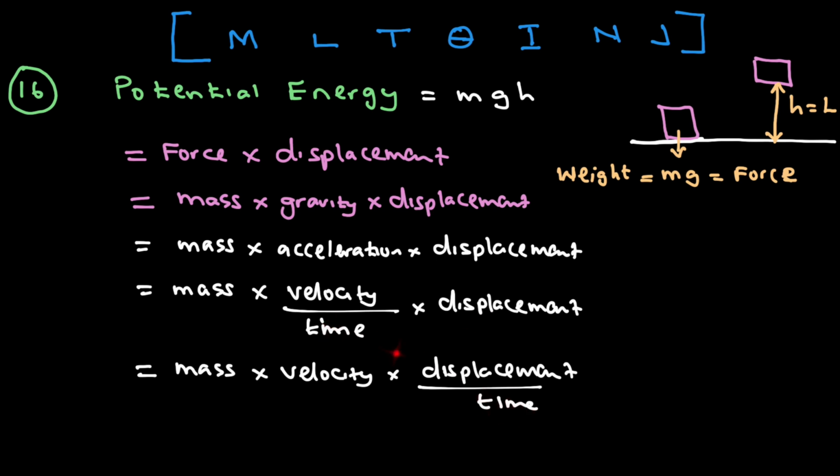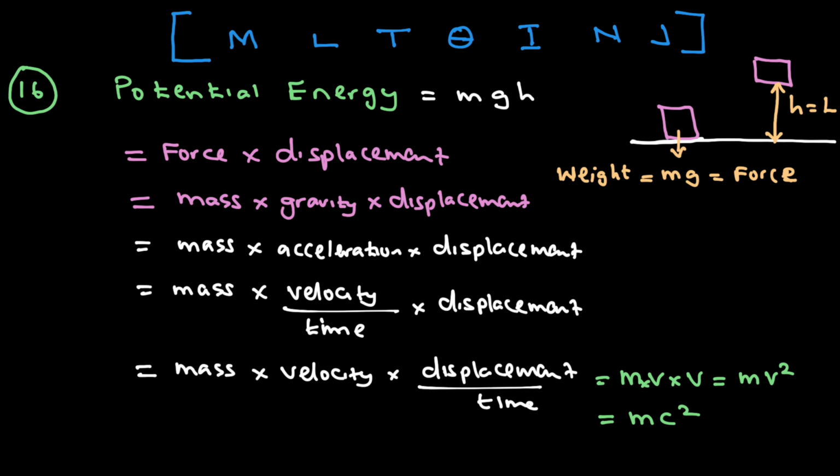It's the same time. And what does that give me? Well, that gives me mass times the velocity times the velocity. And that becomes mass times velocity squared, which is mc squared again. So the mgh is now mc squared, and that's the unit for energy as well.